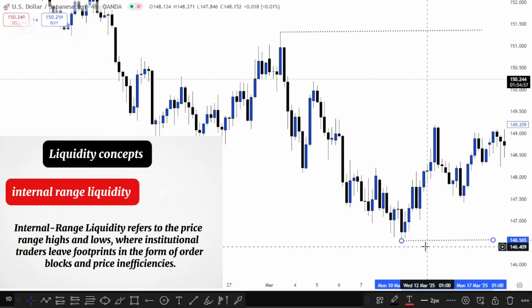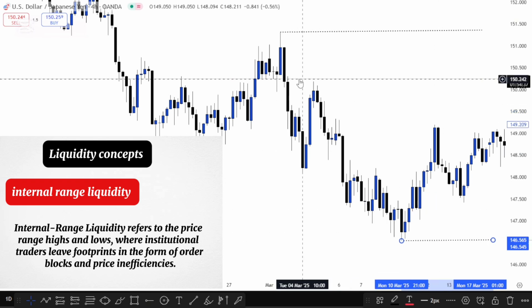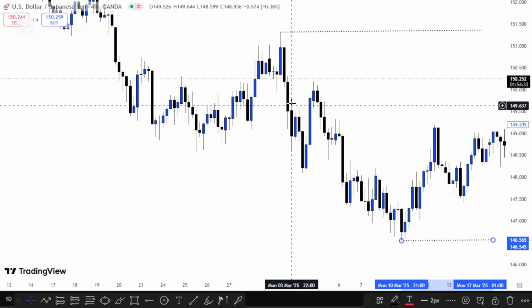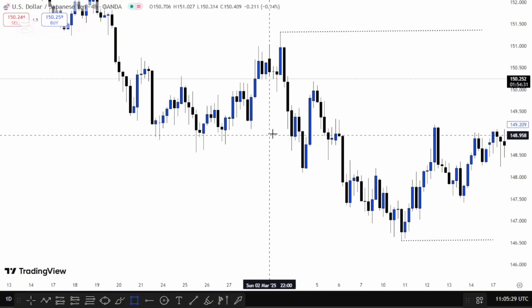All right, so internal range liquidity. Internal range liquidity has to do with order blocks. It has to do with areas within the range of highs and lows where institutions have footprints in terms of order blocks, structural liquidity, fair value gaps, and so on. Right here, you can see that within this area there is an internal liquidity where you have your fair value gap.